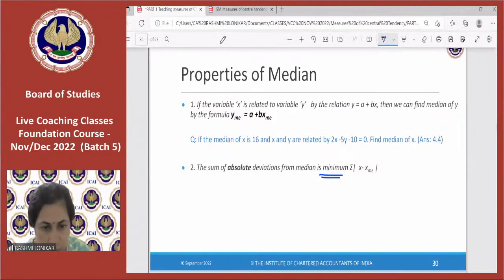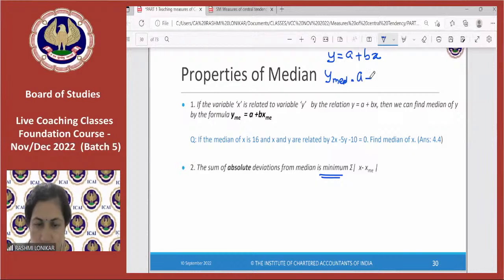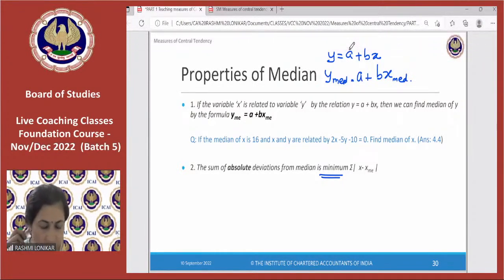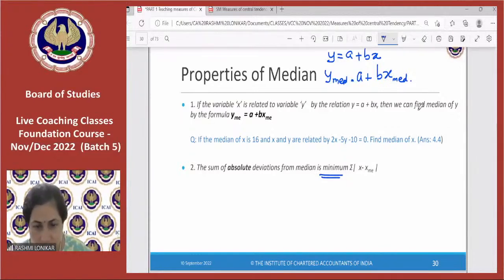So what is the formula saying? It says that if y and x are related by y is equal to a plus bx, then their medians will also be related by y median is equal to a plus b x median.